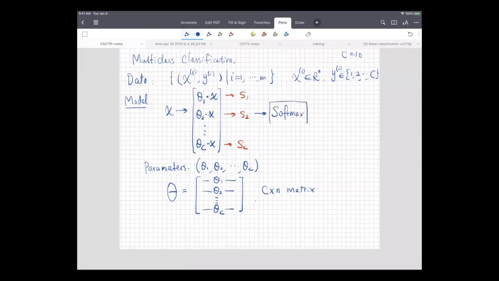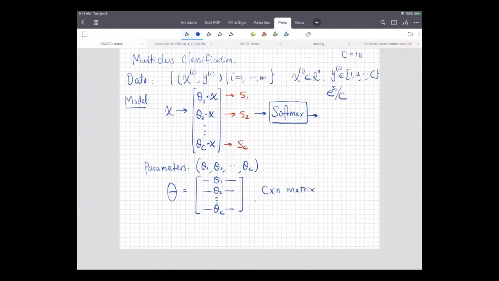Let's go through the Softmax operation. Softmax receives the scores S1, S2, up to SC as the input and produces probabilities. These would be exponential of S1 divided by a normalization constant.